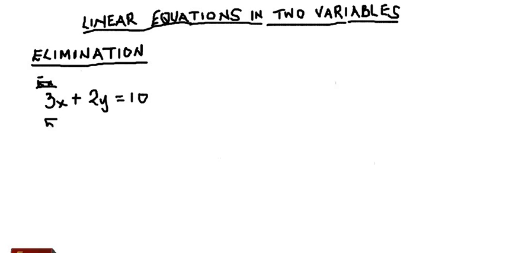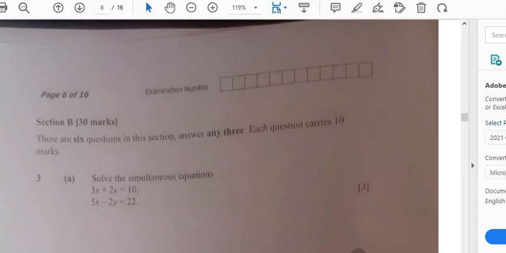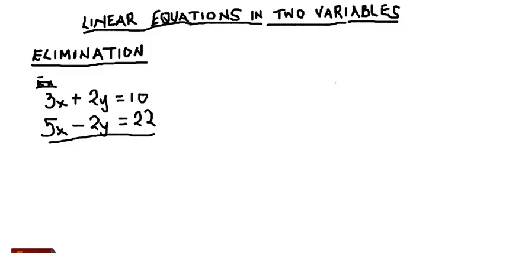Then 5x minus 2y equals 22. This is according to the example that we've been given here. So we're going to look at the steps that we just went through.